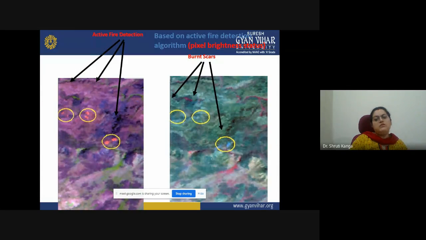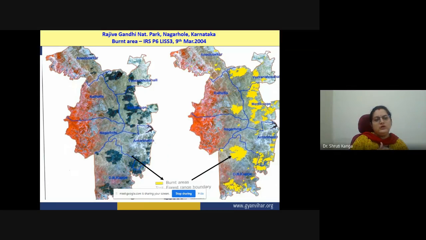So based on that we can identify, and we can also quantify in the field that yes, whether the scars which we are interpreting on the basis of the brightness status, that they are forest fire burn scars, is it so? So we can check it by going to the ground.